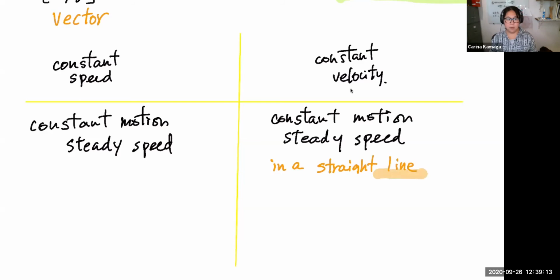Because anytime you turn or change, that means you're changing its direction. So to be constant velocity, you have to be just going in a straight line, with constant speed. Whenever you're turning, then you're changing velocity. You might be at a constant speed, constant motion, but you're changing your velocity every time you turn.